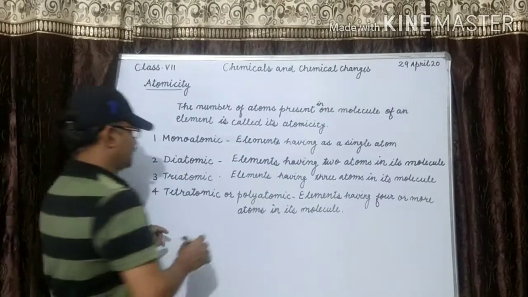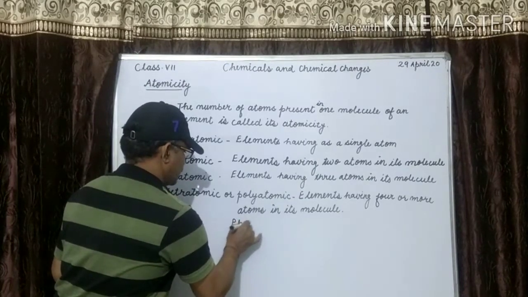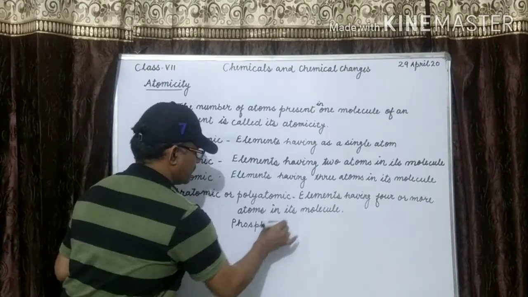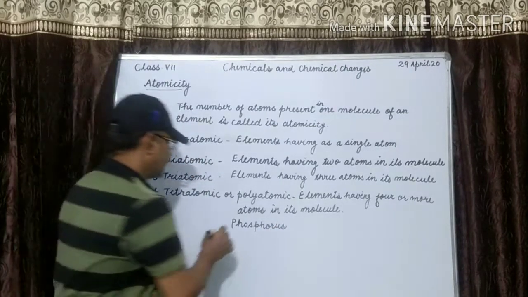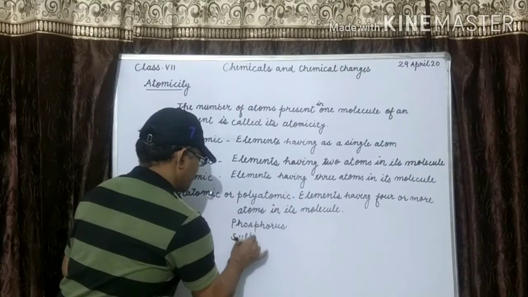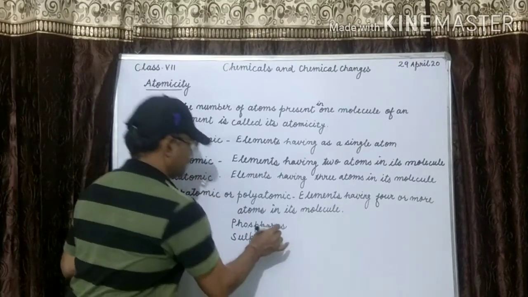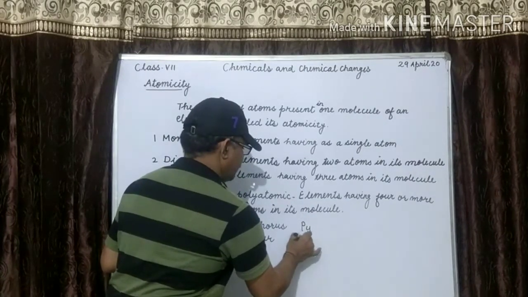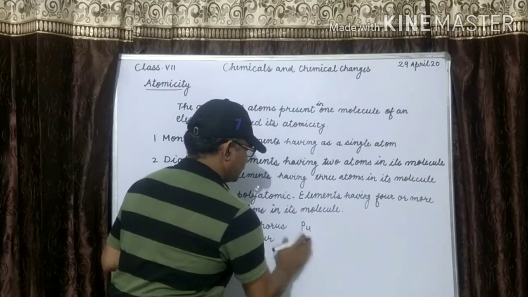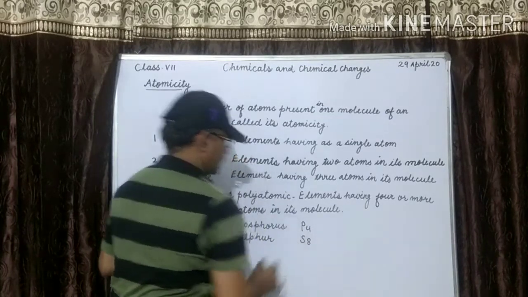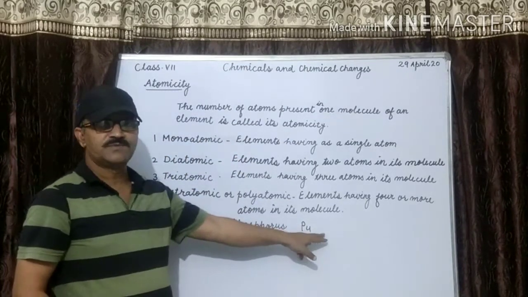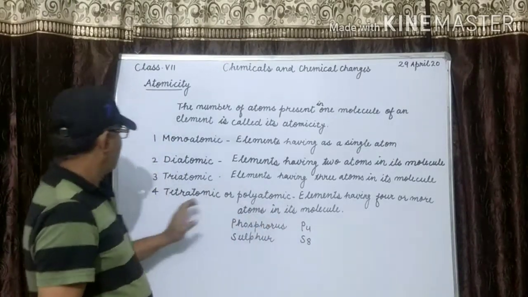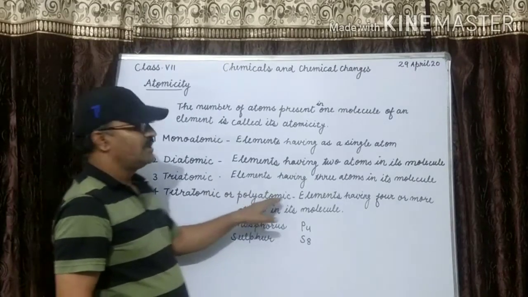For example, phosphorus and sulfur. The formula is phosphorus P4 and sulfur S8. What is the atomicity of phosphorus? 4. And what is the atomicity of sulfur? 8. It will come under tetraatomic or polyatomic.